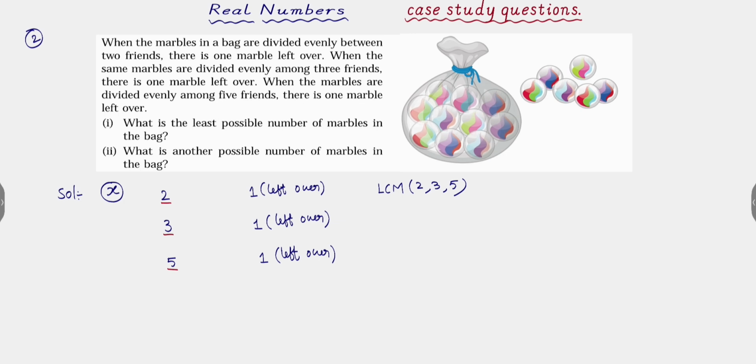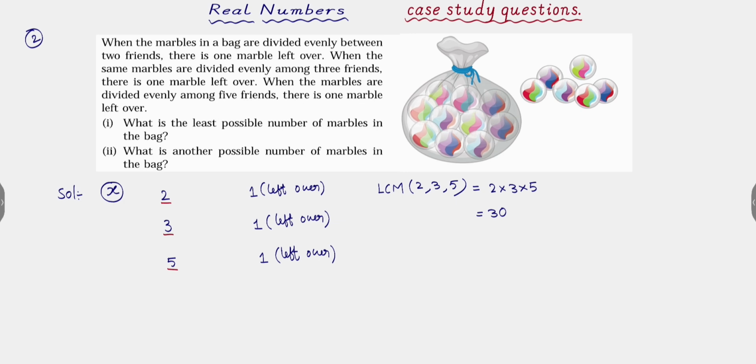The LCM of 2, 3, 5 is, since these numbers have no common factor, 2 into 3 into 5, which is 30. Now you can see 30 is exactly divisible by 2, by 3, and by 5. But every time we need one more marble left over.